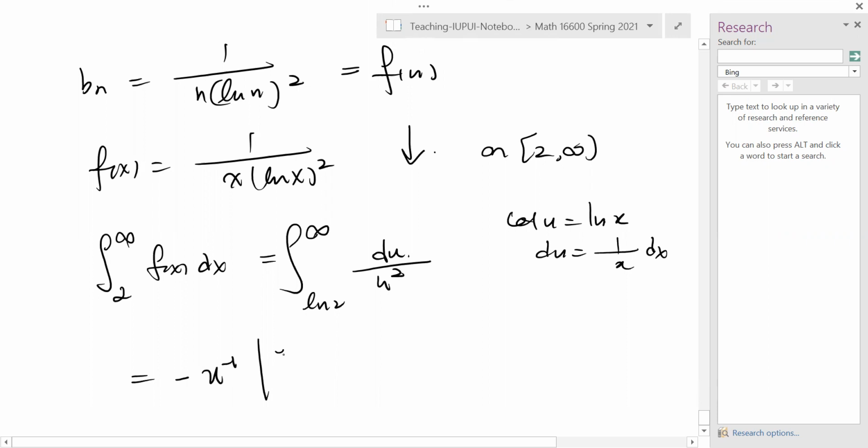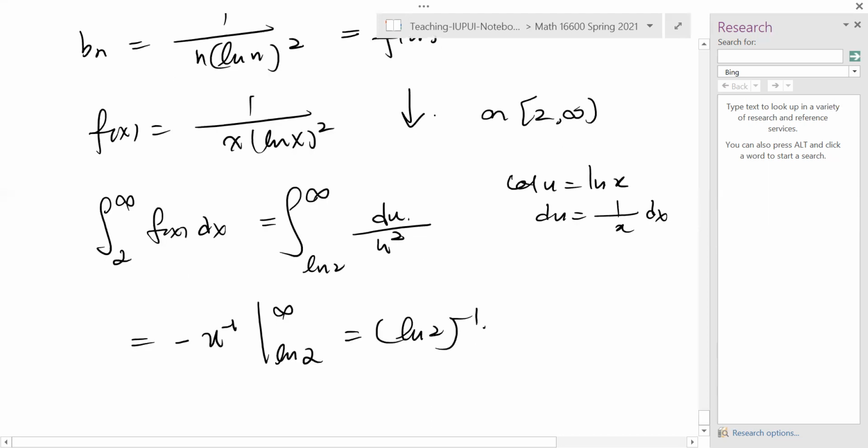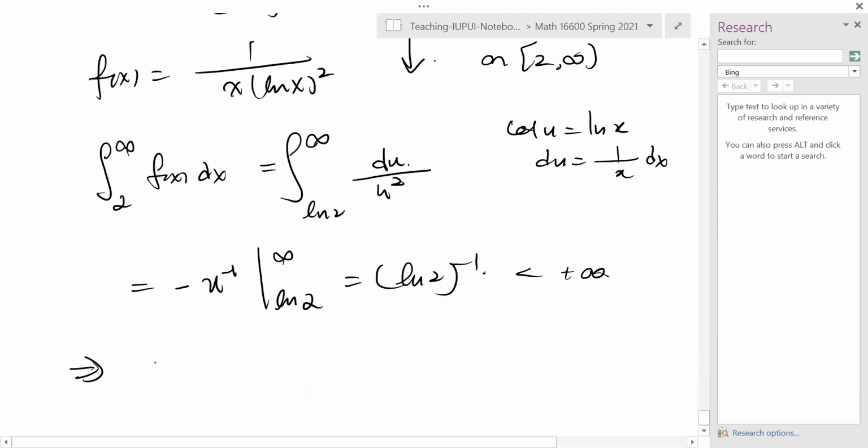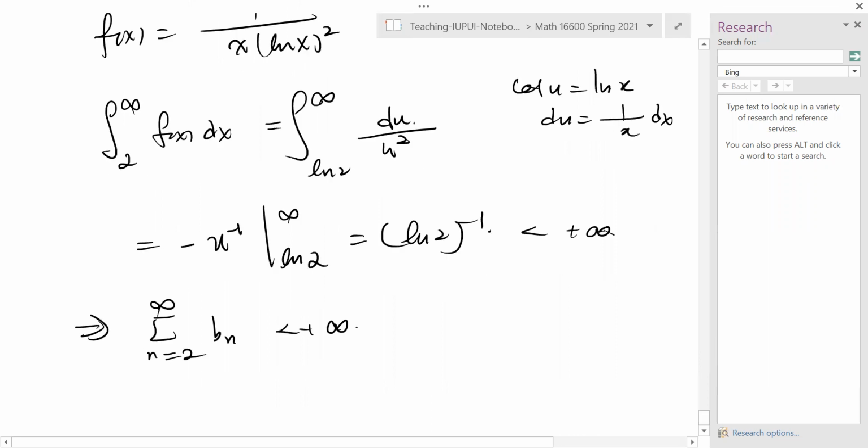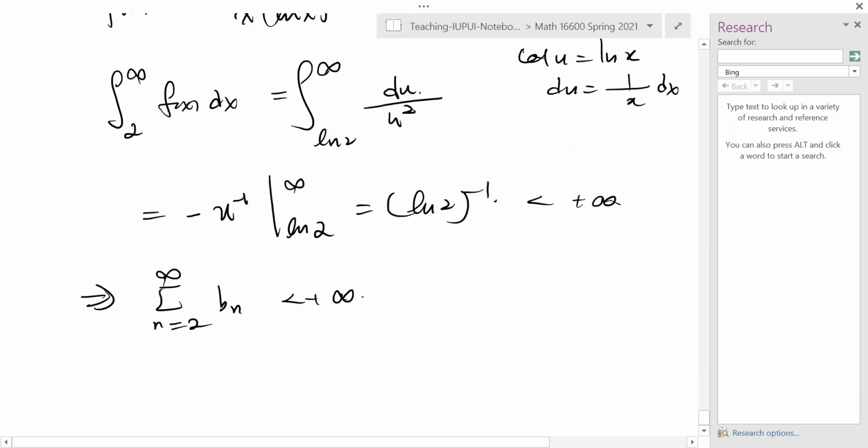The antiderivative is negative 1 over u, and my answer will be 1 over natural log 2. This is finite, and you can evaluate it. That implies this series is finite, and you can even estimate it. So this series is always convergent at the end point.